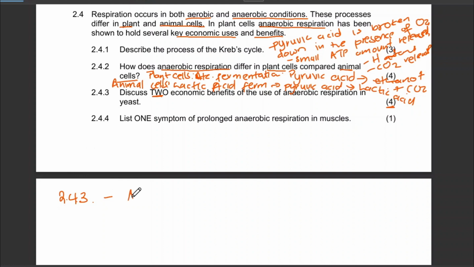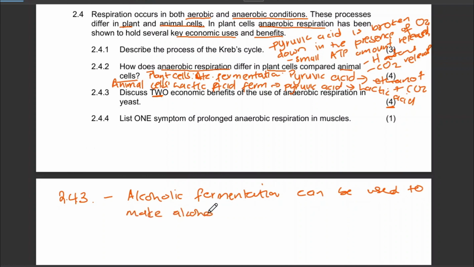The first one is alcoholic fermentation can be used to make alcohol, which can be sold for income. That's the first economic benefit.